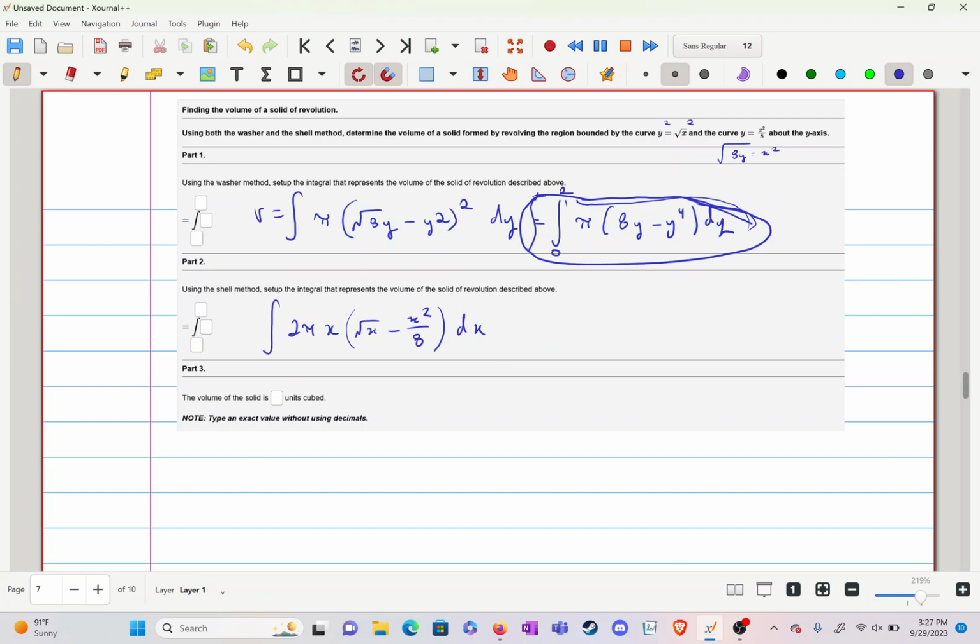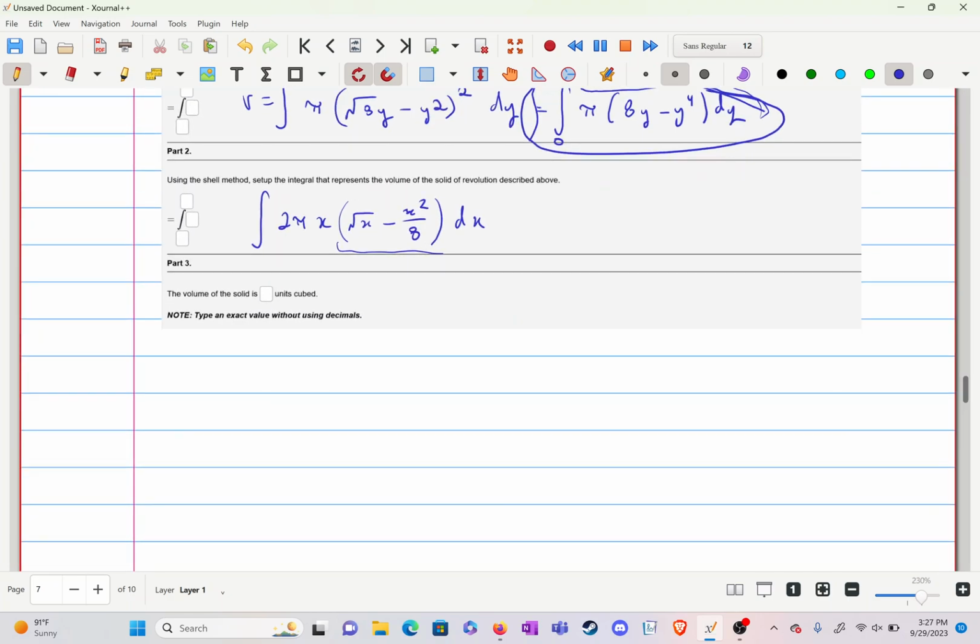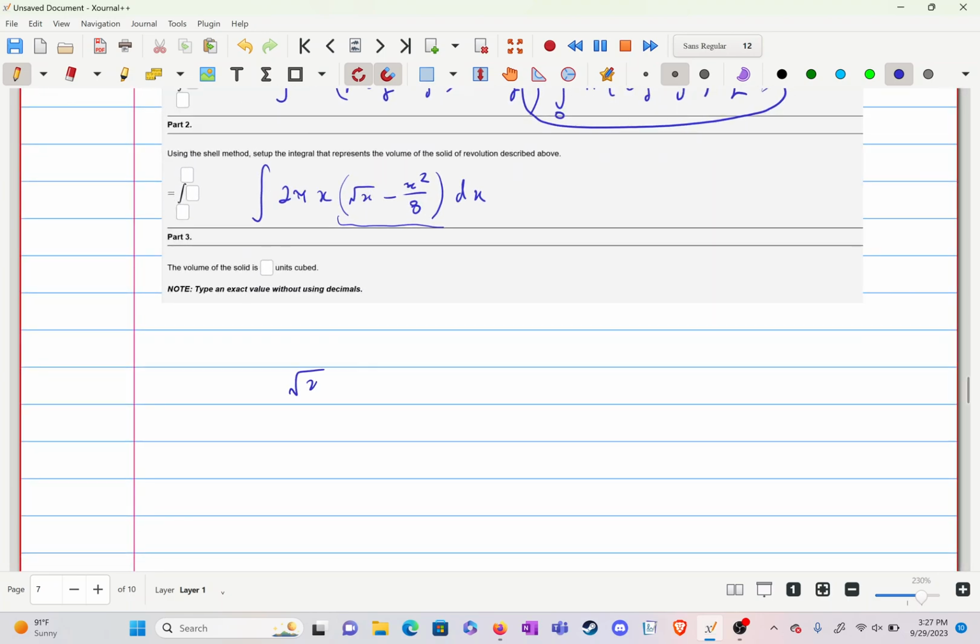For that, we have to solve this little expression inside. So the square root of x equals x squared over 8. Let's square each side. x equals x to the fourth over 64.